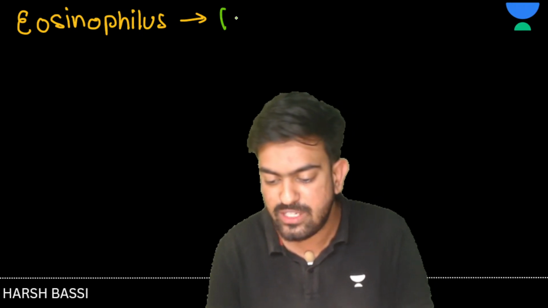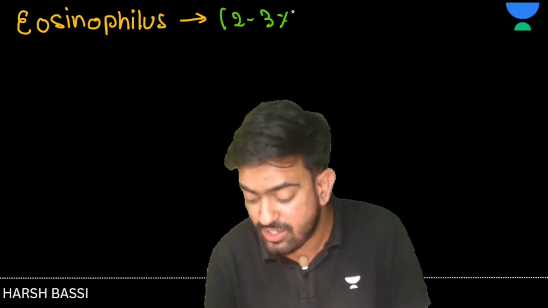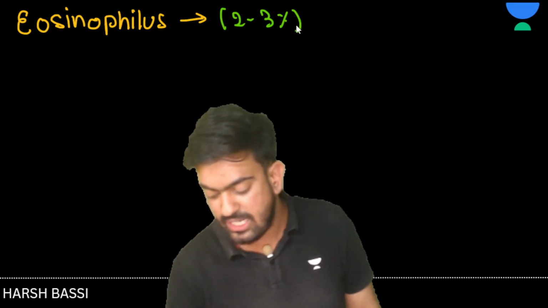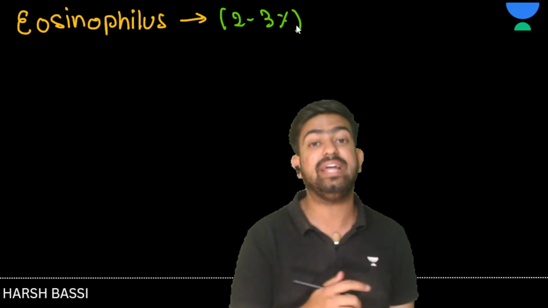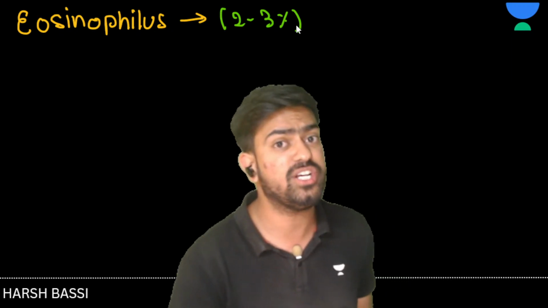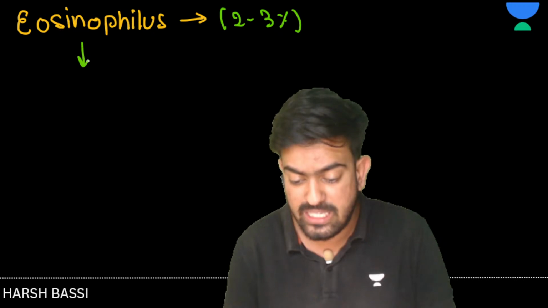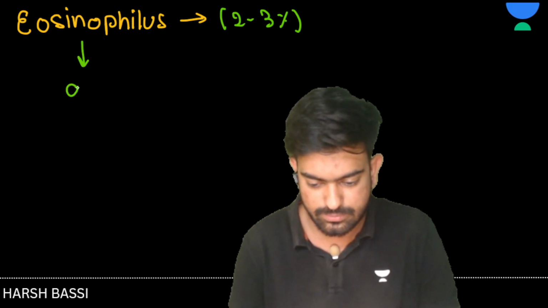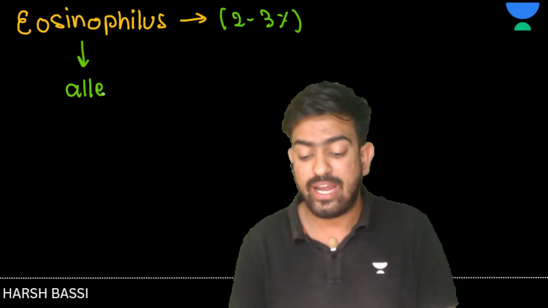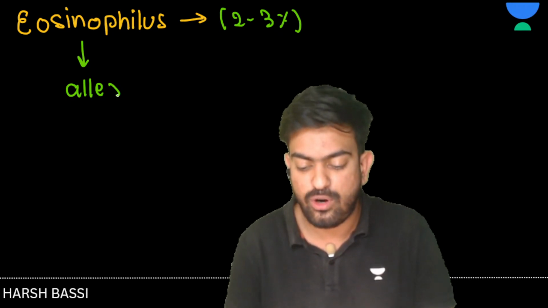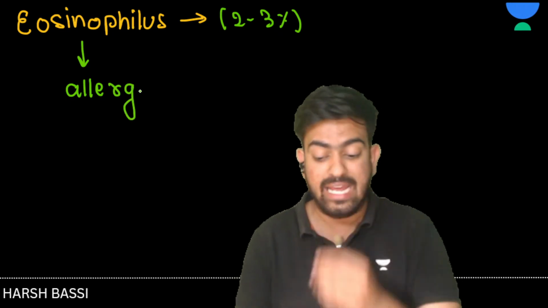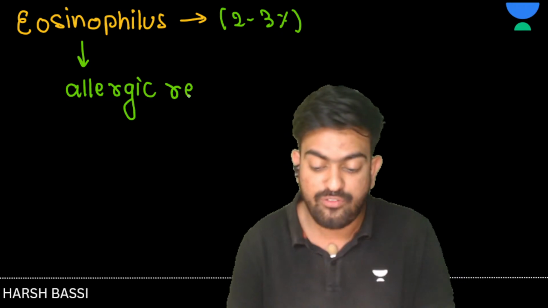What is the percentage of eosinophils? 2 to 3%. And what is the function here? It is associated with the allergic reaction. Whenever an allergic reaction is happening in our body, this WBC gets activated. So I should say it is responsible for or fights the allergic reactions.